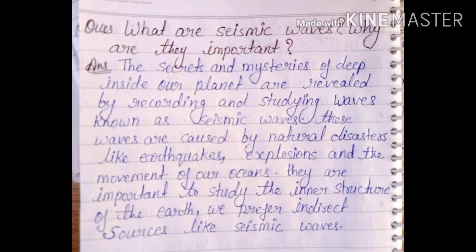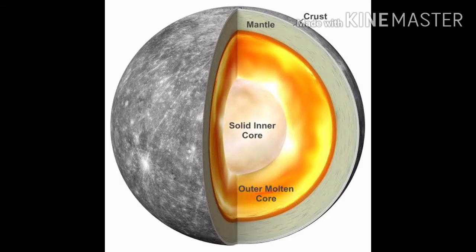Now we'll continue with our first topic of today, that is the core. So the core is the innermost layer of the earth. As we discussed in our last class, there are three main layers of the earth, that is the crust, the mantle and the core.